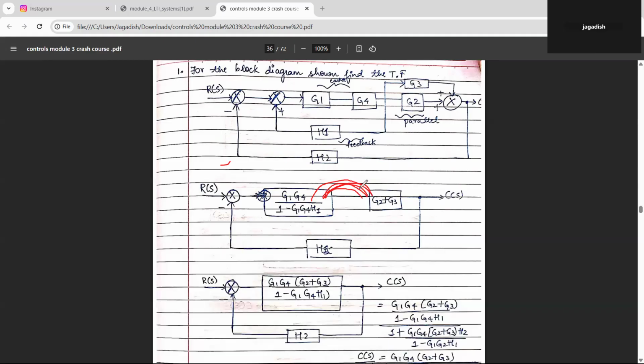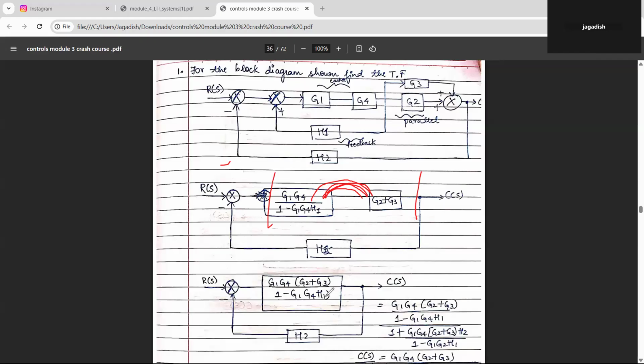Everyone respond. I don't want an idle room. So I have to multiply. So G1, G4 into G2 plus G3 divided by 1 minus G4 H1. I have multiplied this and this because they are connected in series, divided by H2.